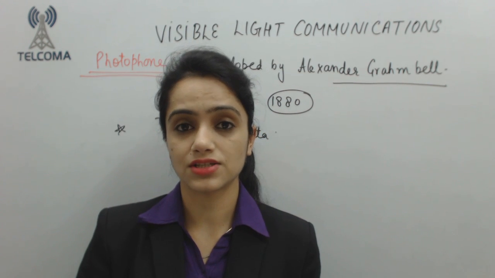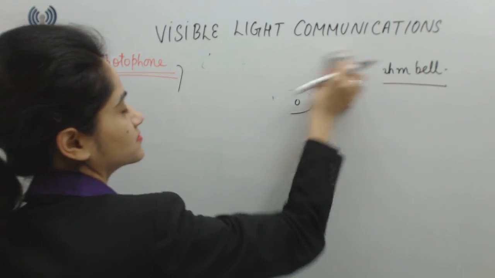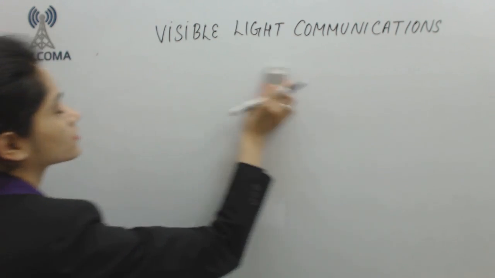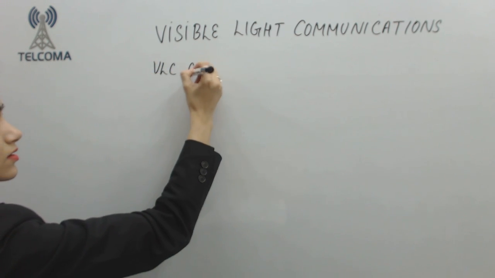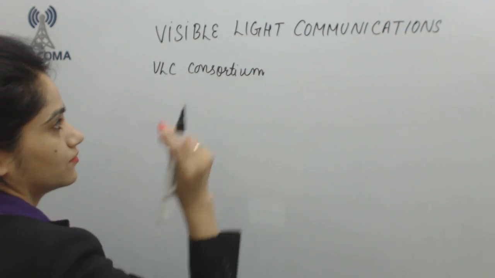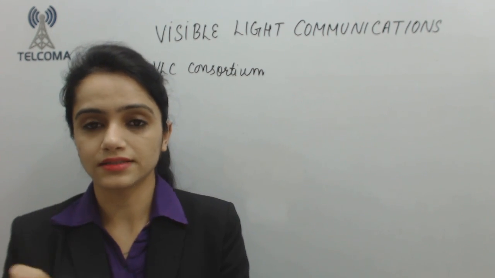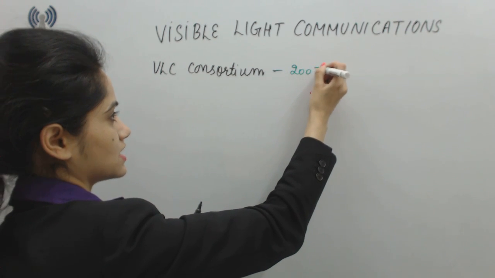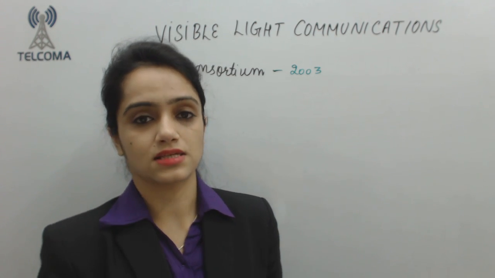The VLC Consortium, meaning the Visible Light Communication Consortium, was formed in 2003 by Japanese companies.